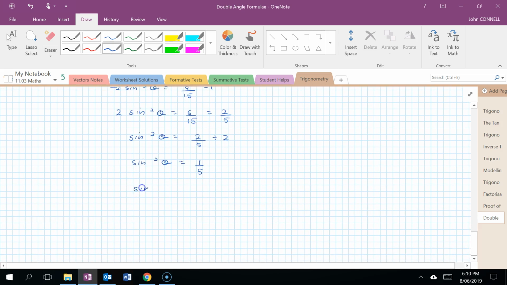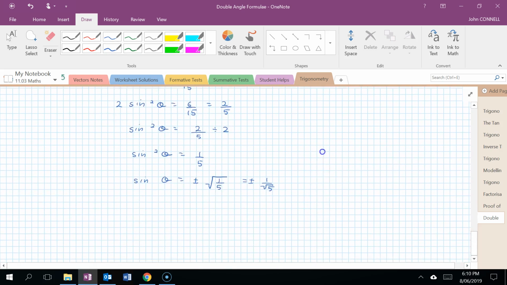So sine theta is equal to plus or minus the square root of 1 on 5, which is plus or minus 1 on root 5. Now, is it positive or negative? Well, we don't know, because we're not told where theta is.